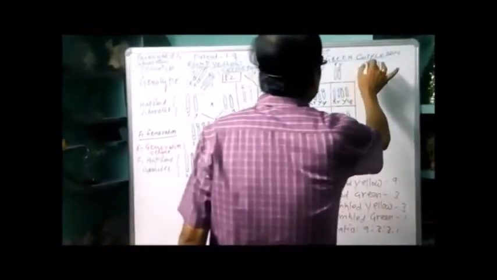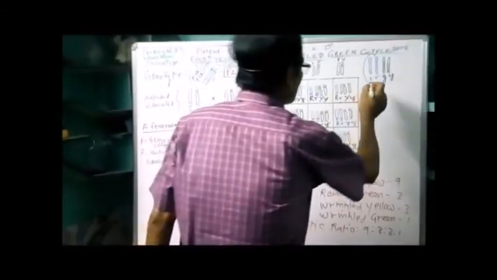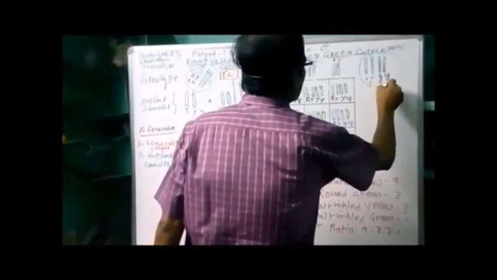Now this is wrinkled green, and here too you see the gene for the shape of the seed is located on chromosome 7, and this is 1 for color. Now they produce the haploid gametes. So, independent assortment, segregation.